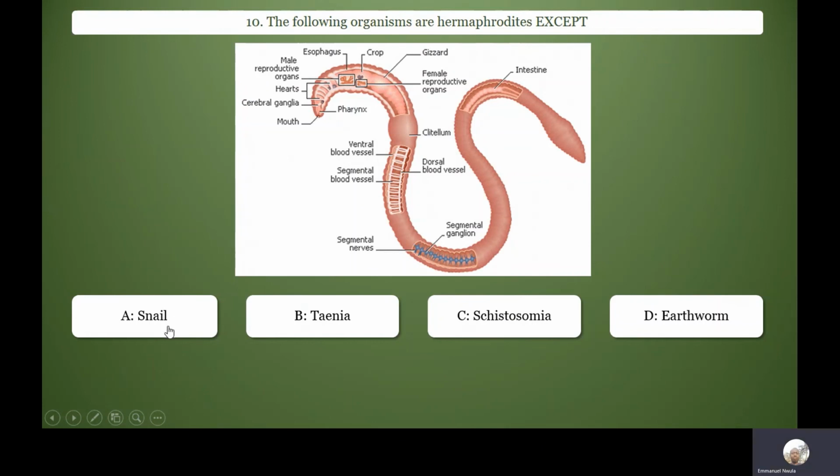The others, snails, tapeworm, that's Taenia solium, are hermaphrodites. Hermaphrodites have both the male and female organ. One parent can produce sperm cell and egg cell. So the only one that cannot do it here is schistosomes. So number 10 is C.